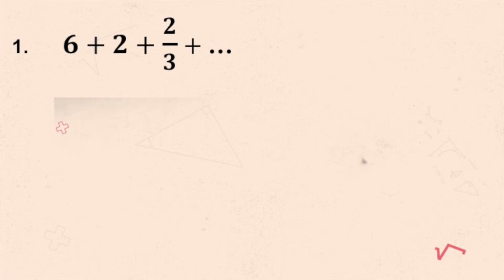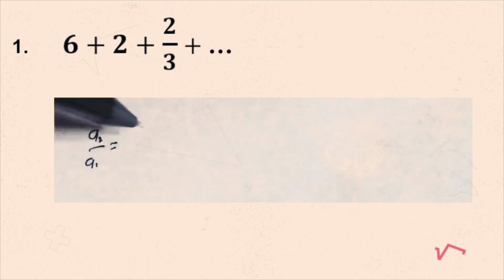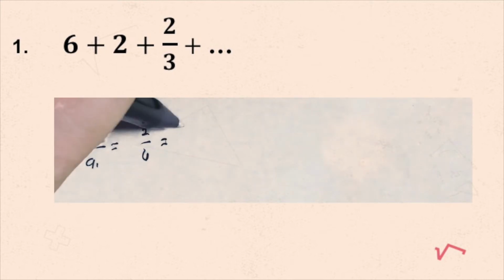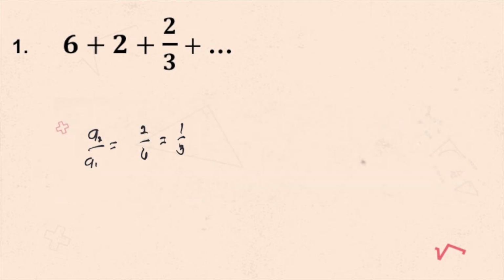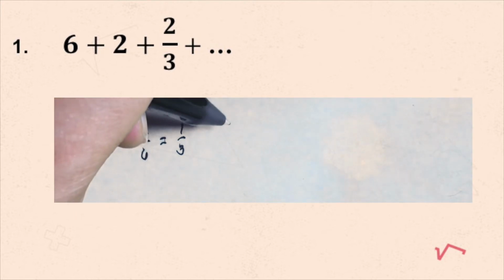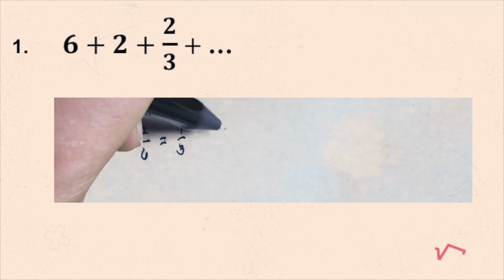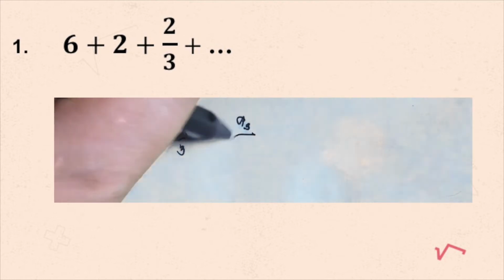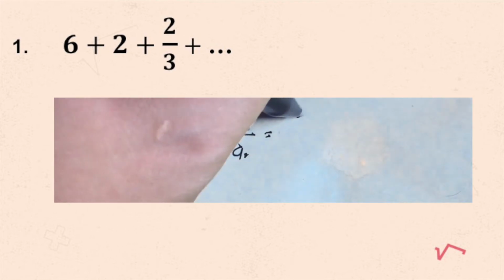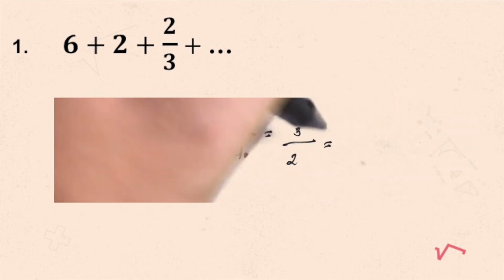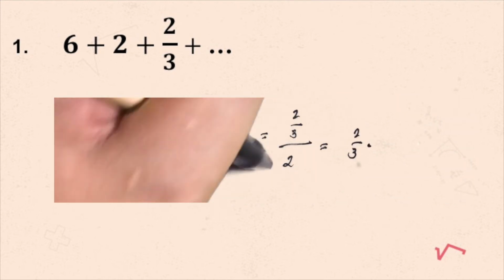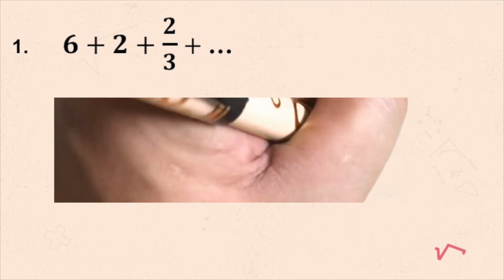The given sequence is 6, 2, then 2/3. So taking the second term divided by the first term, it is 2 over 6, which is 1/3. Or you can have the third term divided by the second, which is 2/3 divided by 2, which is equal to 2/3 times the reciprocal, 1/2.